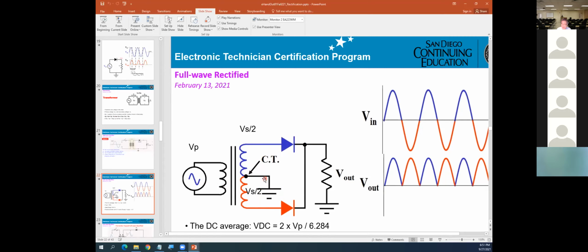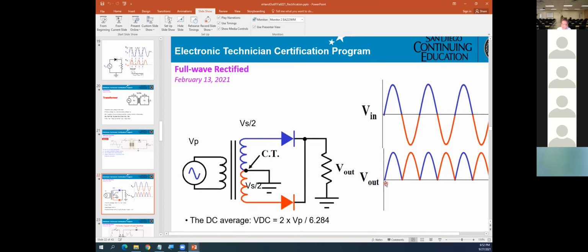Only thing, they are opposite. If this is positive, this will be negative. So that's why the diode, when positive, this one will be on. You let positive go. When negative, this one here will be on. And also you get a sideways wave coming out.